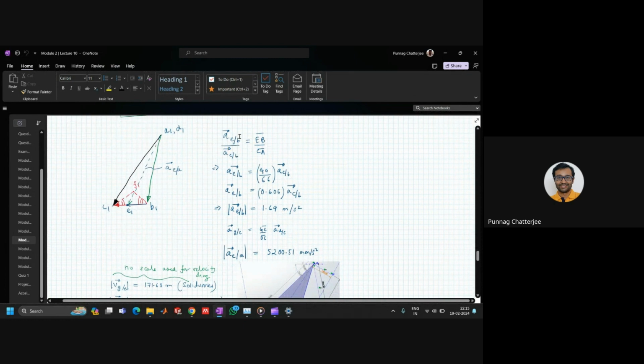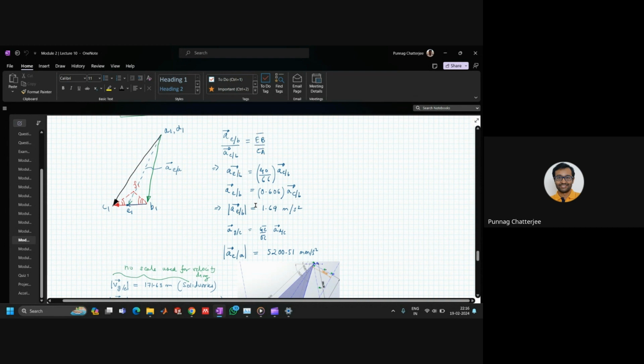We can use the ratio theorem, which says that A of E with respect to B divided by A of C with respect to B. Again, we have to be consistent here. So A of E with respect to B is basically a vector pointing towards E starting from B. In the same way, in this ratio, C with respect to B is also a vector pointing towards C. You see the sense of the direction of these two vectors are the same. This is very important. Is equal to the ratio EB divided by CB.